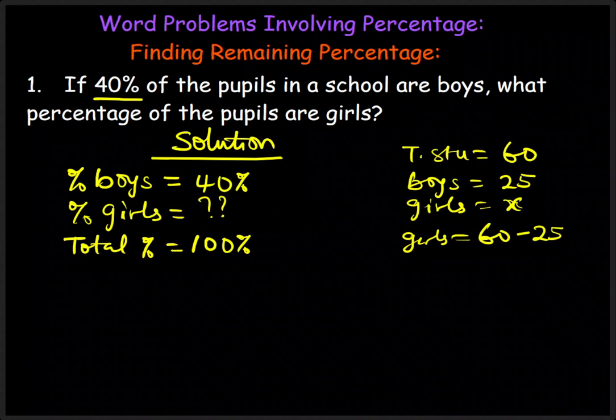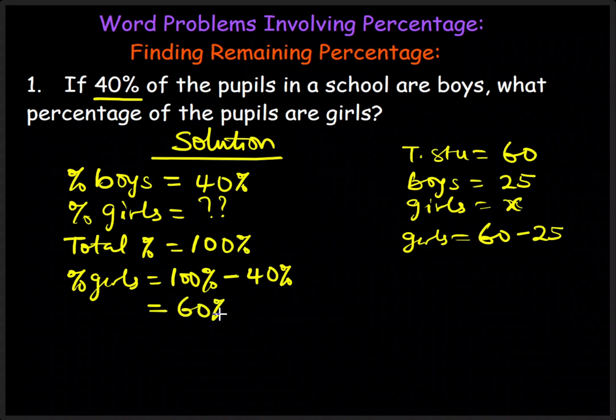So if our total percentage is 100%, then the percentage of girls will be equal to the total percentage, 100%, minus the percentage of boys, 40%, and that will give us 60%. We were to find the percentage of pupils that are girls. Percentage, not number. So that's how we find remaining percentage.